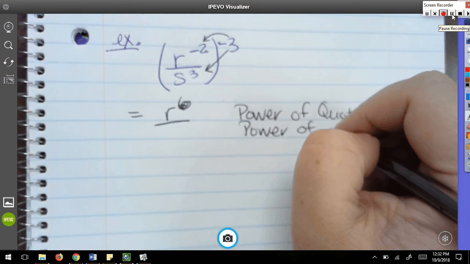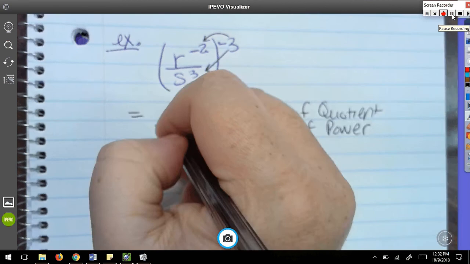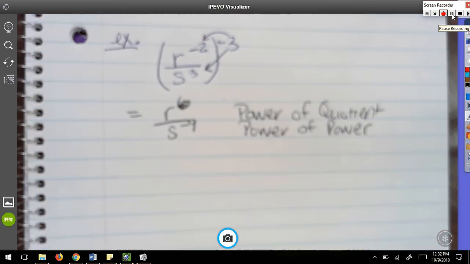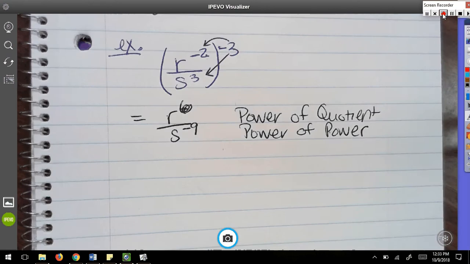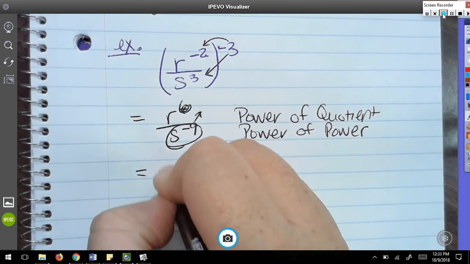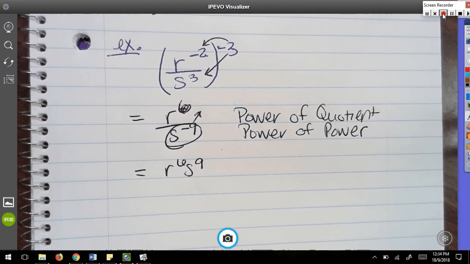So then on the bottom, I get s to the negative 9. So the only thing that I see left here is the negative exponent in the bottom, so I'm going to move that up to the top, and I get r to the 6th s to the 9th.